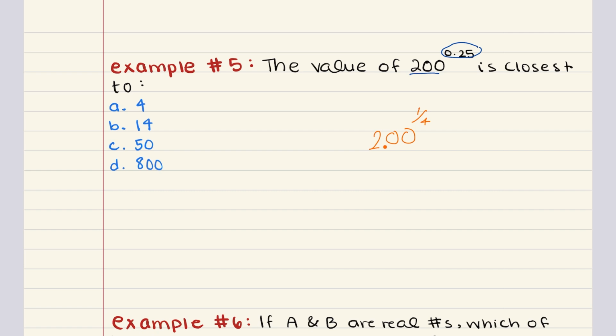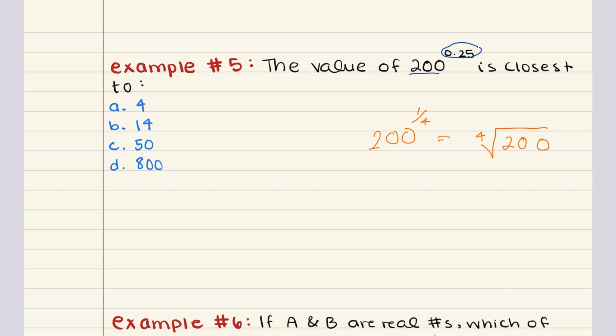When you have 200 raised to 1 over 4, following our exponent rules, this is equivalent to taking the fourth root of 200. Now, let's recall what the fourth root means. That means we're looking for a number that, when raised to the power of 4, gives us a value close to 200.